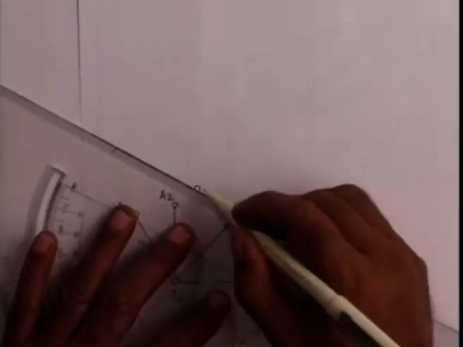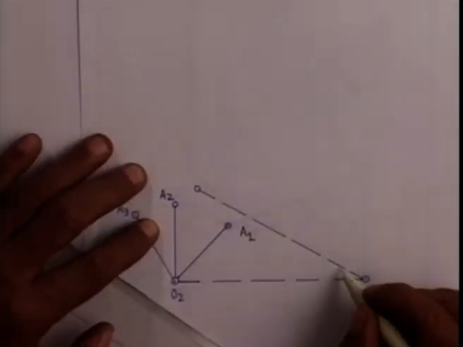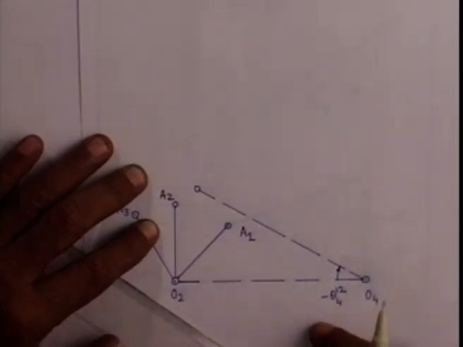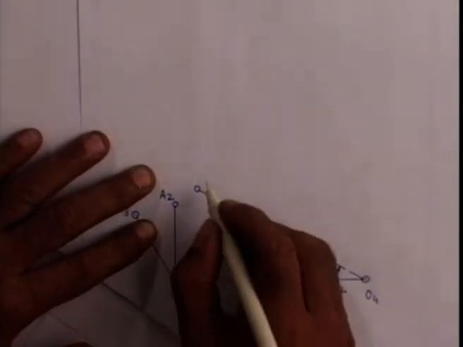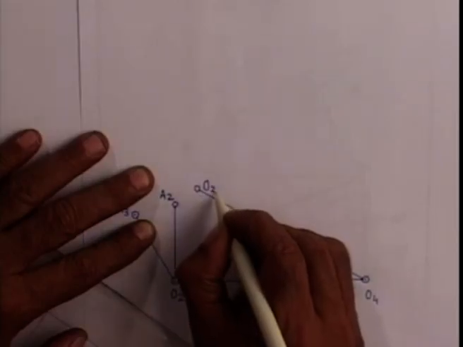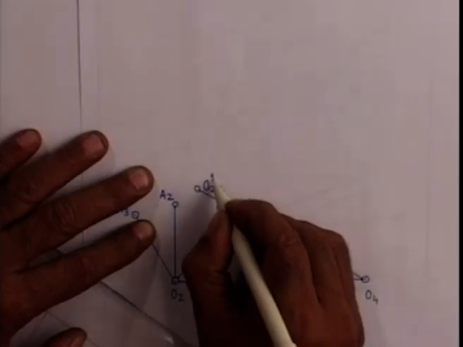So, this angle is minus theta 412. By minus I mean clockwise, because theta 412 was counterclockwise. So, this is the inverted position of O2, the inverted position corresponding to the second configuration, inverted on the first configuration.